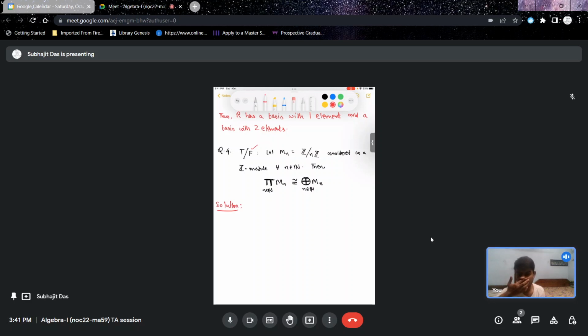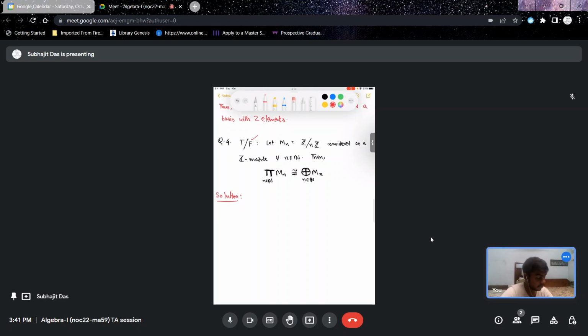Yeah, so let's quickly go through this. Why is this false? It is false precisely because, observe, both are abelian groups, both are Z-modules, but one of them will be a torsion Z-module, while the other will not be so. Recall what I mean by a torsion Z-module.